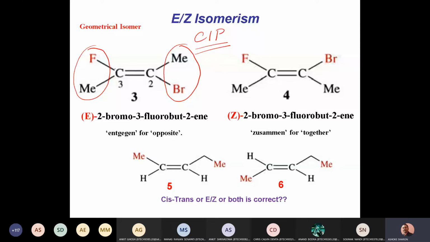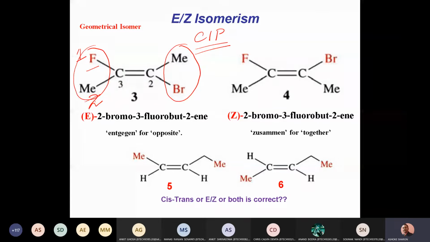So what does the CIP rule say: between fluorine and methyl, which will get the first priority? Can you tell me? Who will be number 1, fluorine or the methyl group? As per the CIP rule, fluorine will get priority 1. Absolutely correct. And carbon will get priority 2.